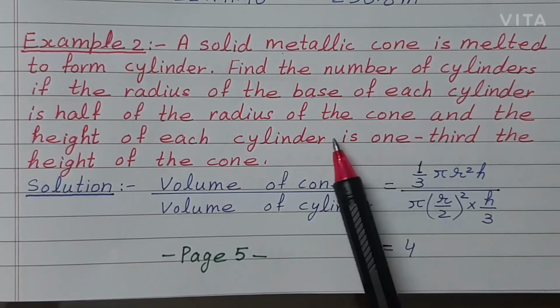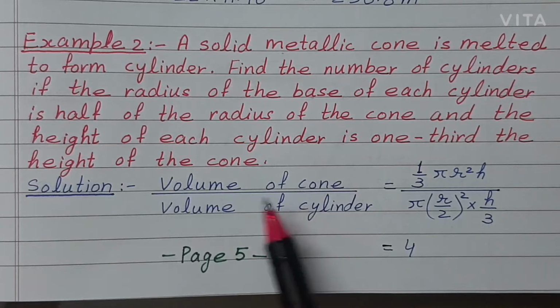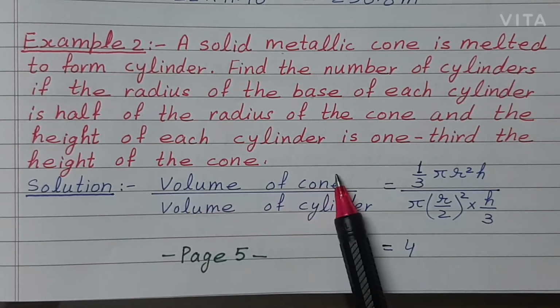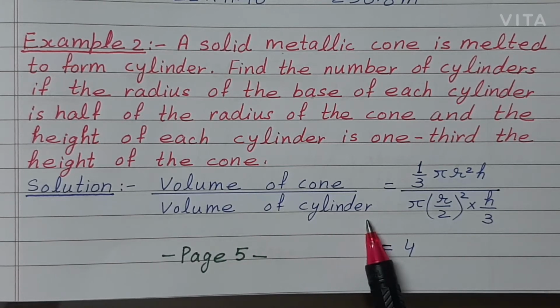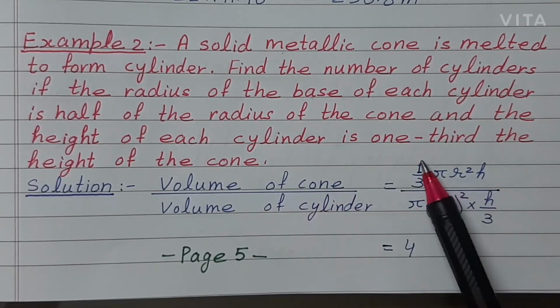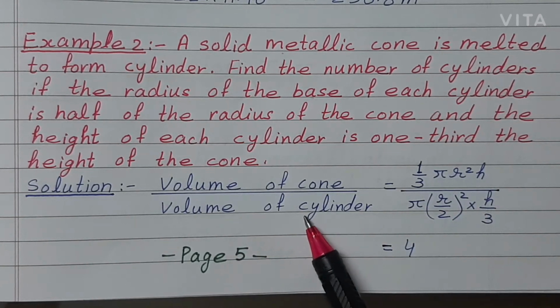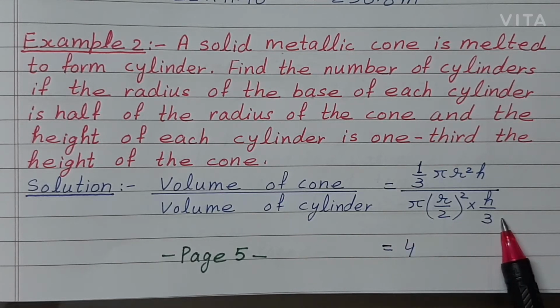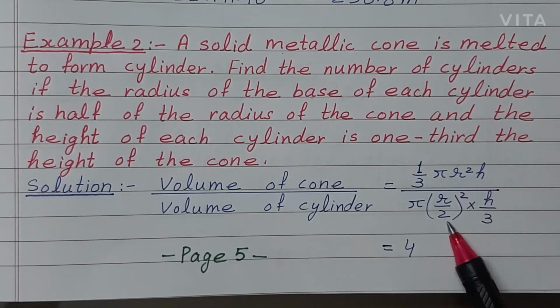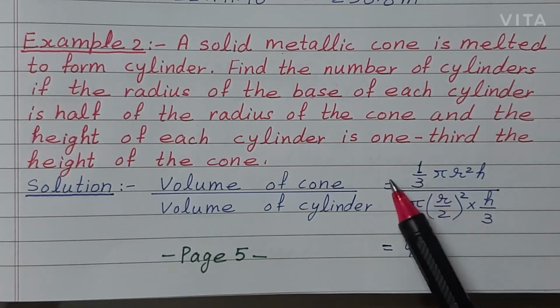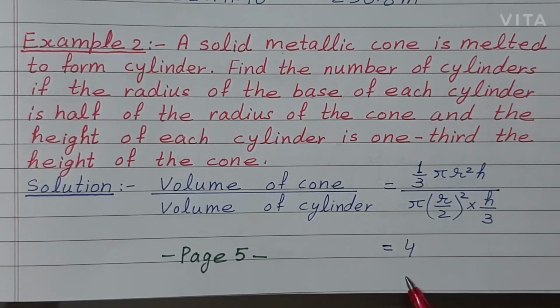In order to find the number, we will take volume of cone upon volume of cylinder. We know that volume of cone is 1 upon 3 pi r square h and volume of cylinder is pi r square h. Now we know that the height is 1/3 and the radius is half. Clear? After cancelling the terms, we get 4 as the answer. Clear?